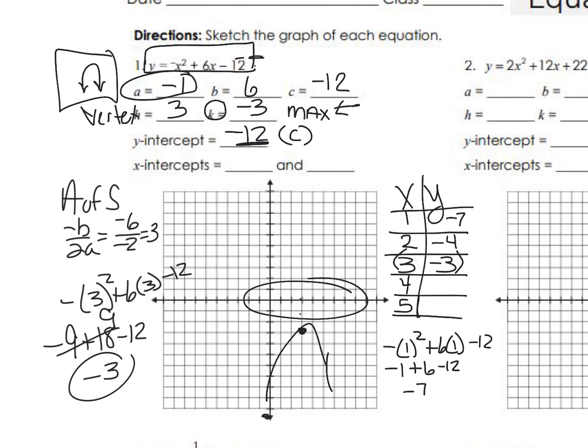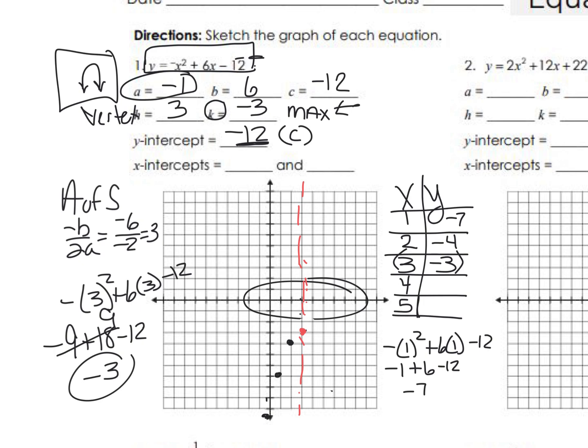Now, since we know that our axis of symmetry is here, and let me erase this imaginary line that I made. This was our vertex. I know that if I graph these points, I got 3, negative 3, and then 2, negative 4 would be here, and 1, negative 7 would be here.